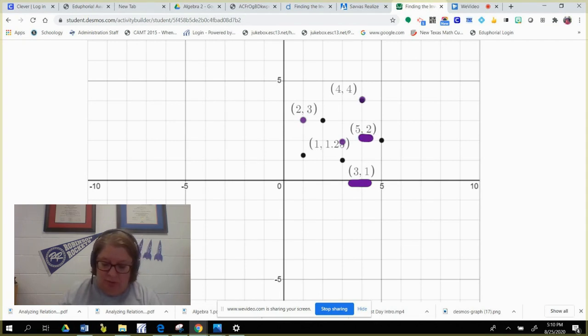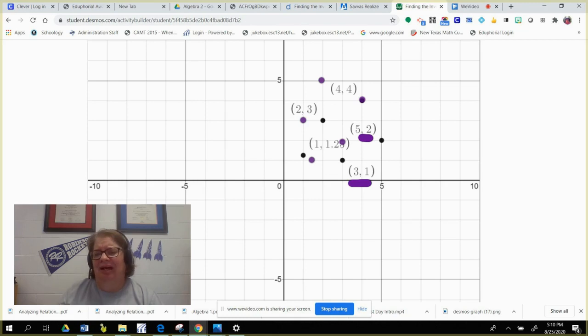If we have 2, 5, if we switch, it's going to be 5, 2. And 1.25, 1 is going to be 1, 1.25. That's a little past that. 1, right there.